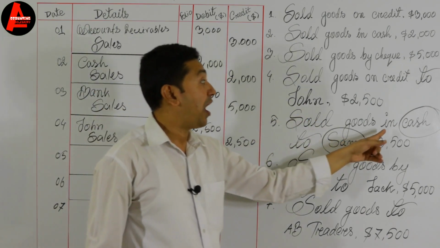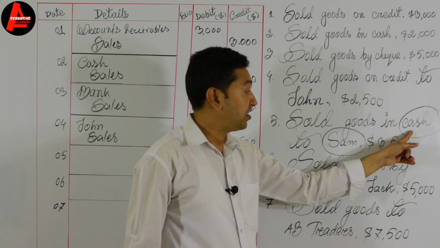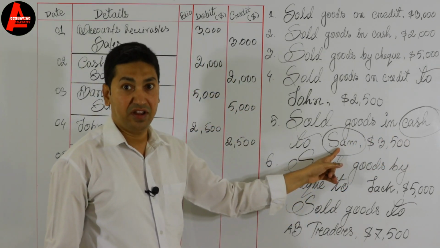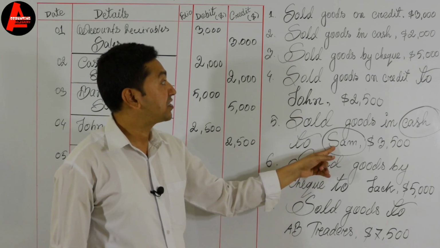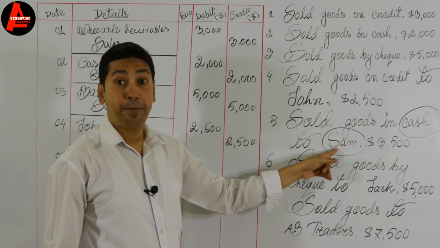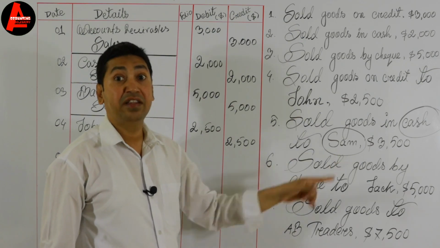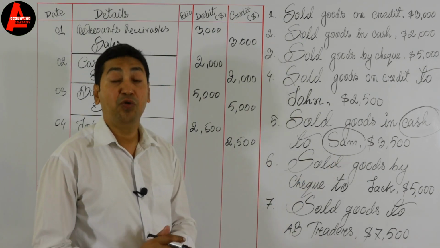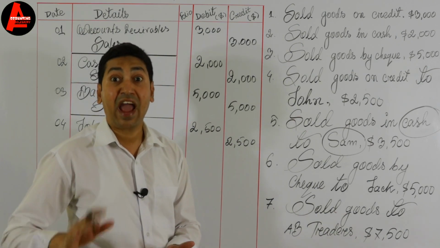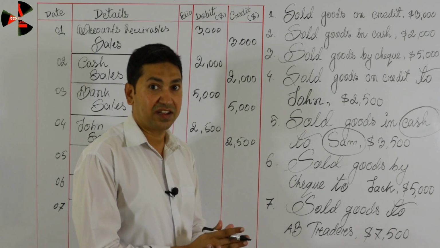But here we have the transaction in cash and we have the name of the customer. So if we compare this to that, we should write Sam, but never write the name of the customer when the transaction is made either in cash or by check.